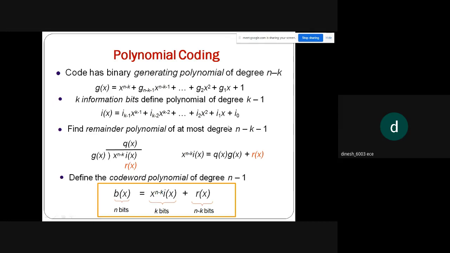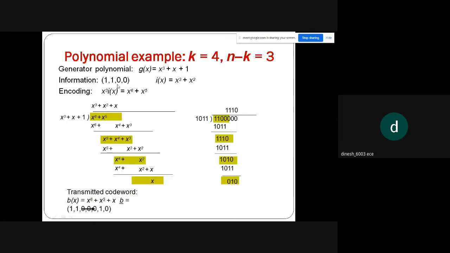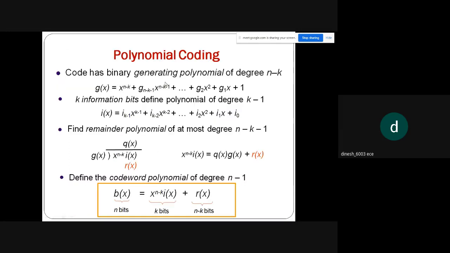In that, if you substitute, this is for your 0th sequence, this is for your first sequence, this is for your next sequence. Always you should see from the right hand side or from the least bit. So this is your least bit, and this is why this is written in this order.